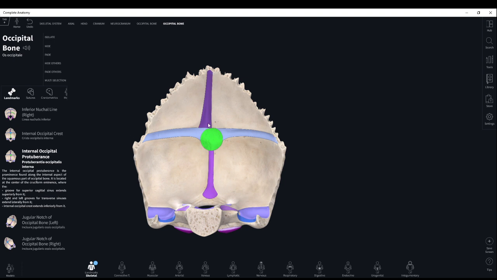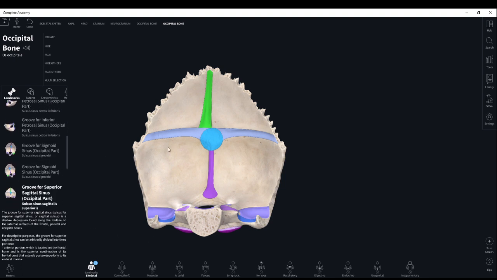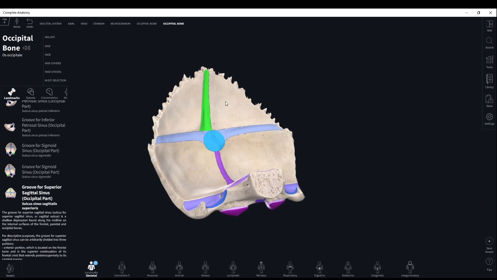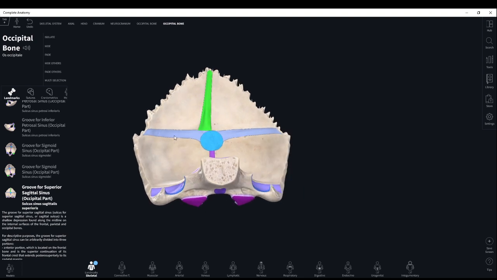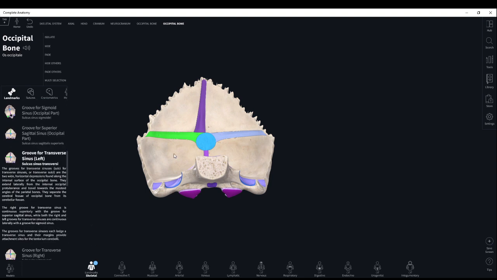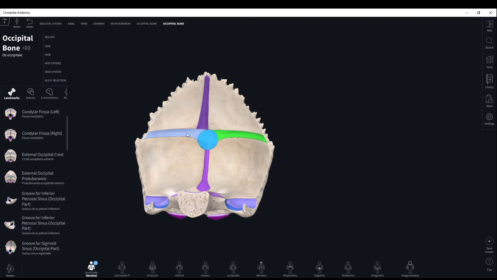For example, above this protuberance we have the groove for the superior sagittal sinus, sulcus sinus sagittalis superioris. To the sides of this prominence, we have the sulcus sinus transversi, the groove for the transverse sinus.